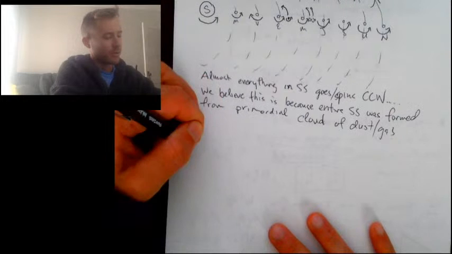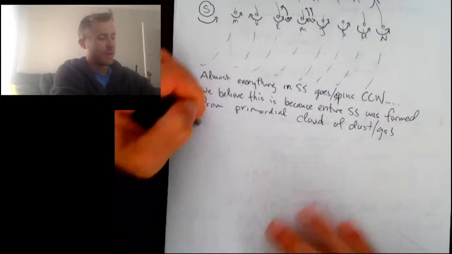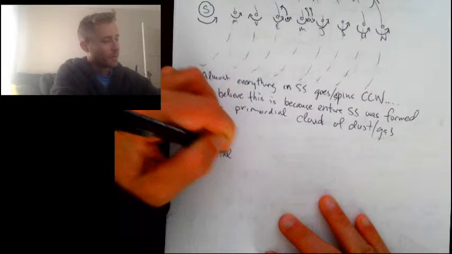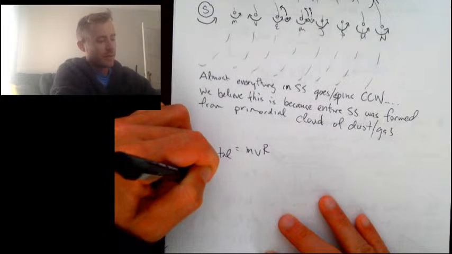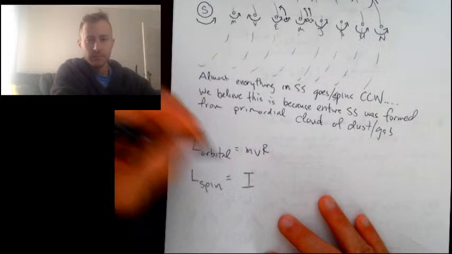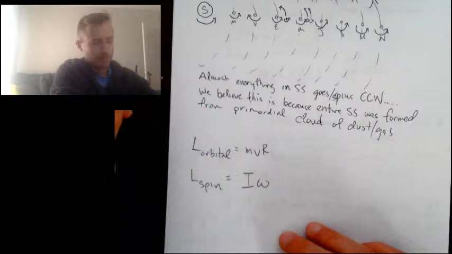Another thing I wanted to talk about is I wanted to just give you the formula for spin angular momentum. So orbital angular momentum is mvr. Spin angular momentum is the inertia of the spinning object times omega.